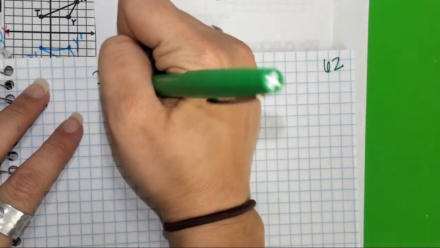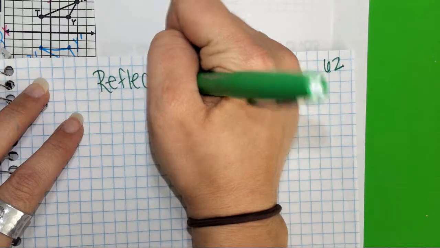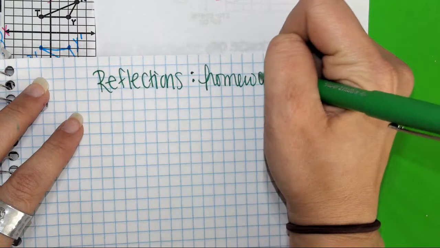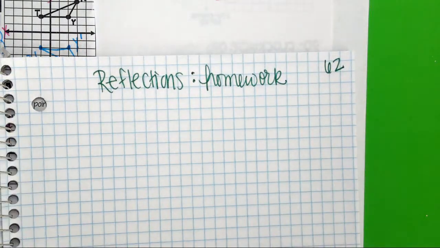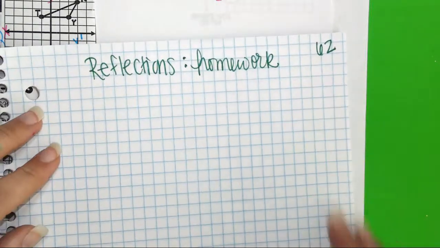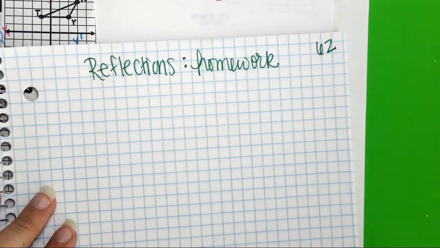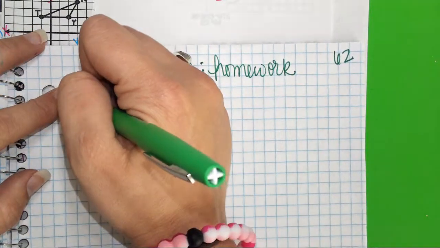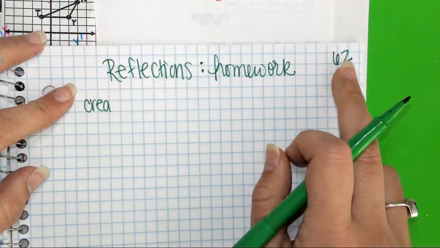And this is Reflections homework. Yes, that's 60, and then 61 is on the back, and then 62 is on the right.